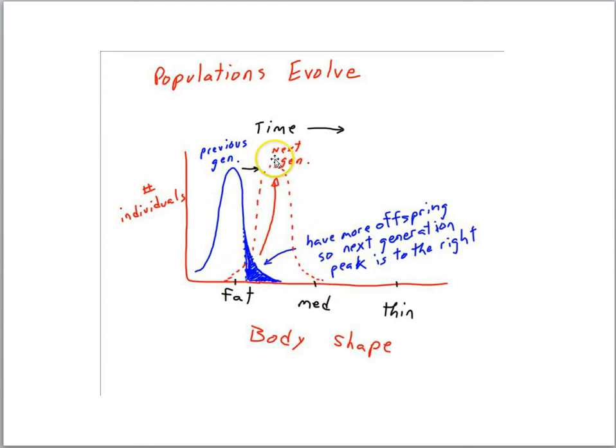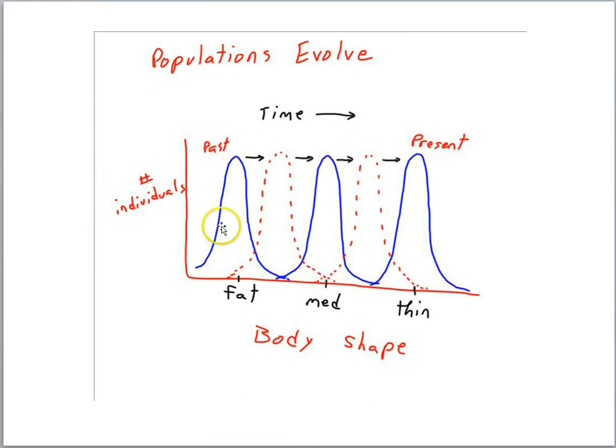Most individuals are a little thinner than the average last time, but again, we'll have the tails down here. We'll have some fatter than average and thinner than average, and the same thing will happen. The thinner than average individuals will tend to have more babies, creating a shift in the next generation's curve. So what we get then over time is the average body shape is getting thinner and thinner.